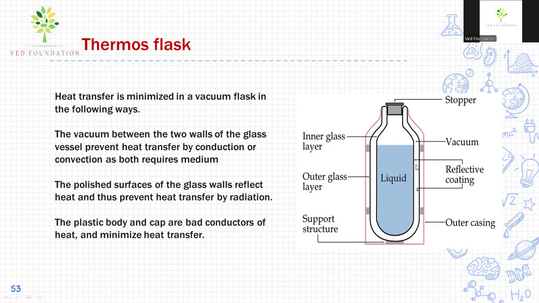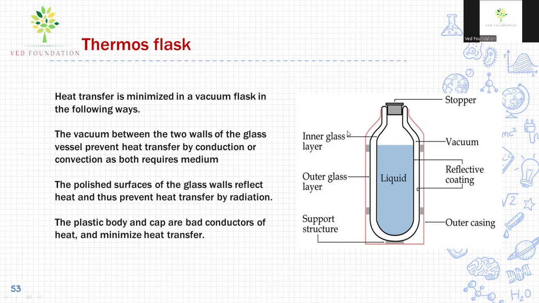Through the vacuum, heat transfer can take place only through radiation, but heat transfer through radiation is also minimized by painting the inner walls of the glass vessel with silver color.